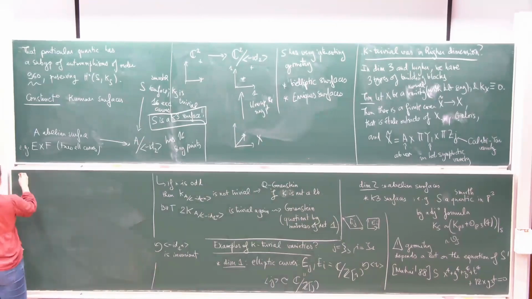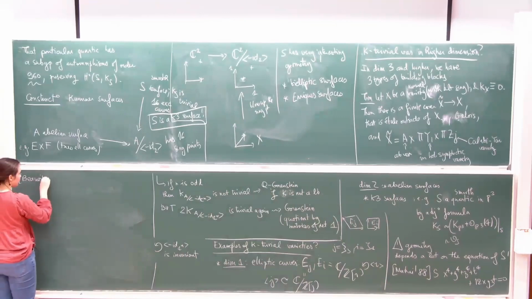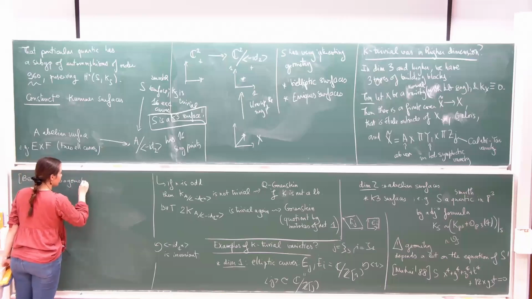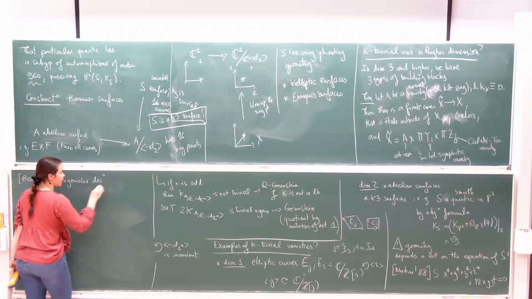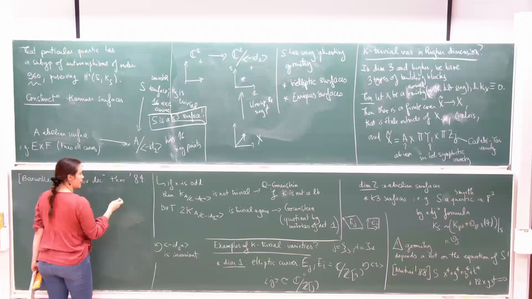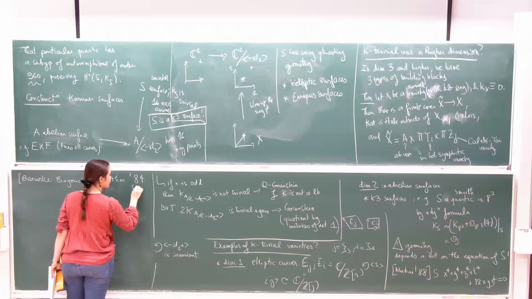Okay, so maybe let's just credit people first. This is the Bogomolov decomposition. You can credit it to Beauville 84 for the smooth case.